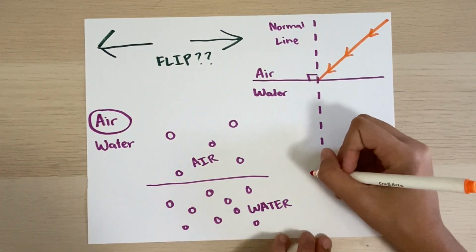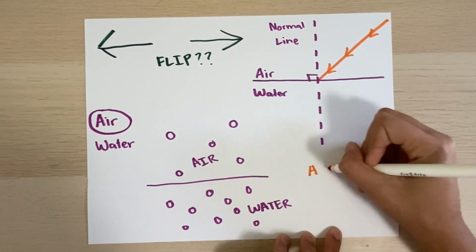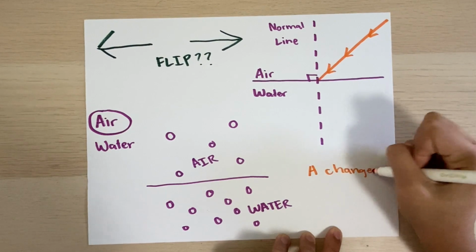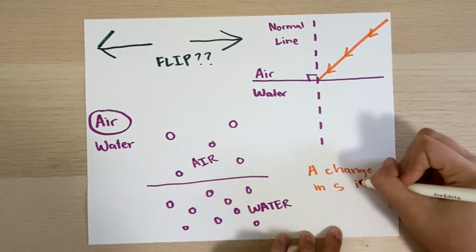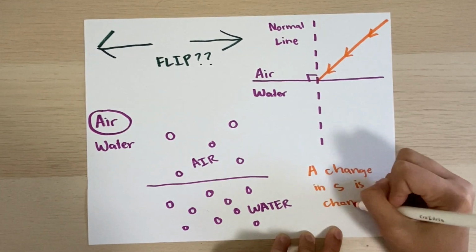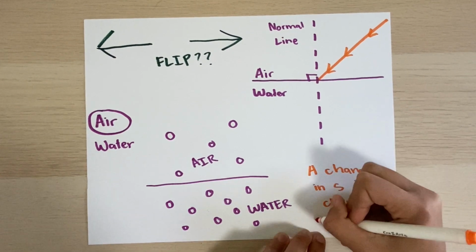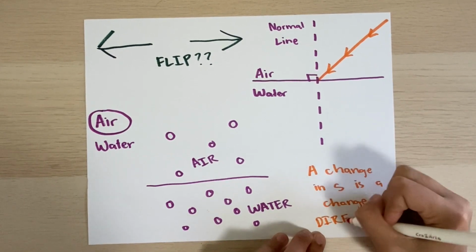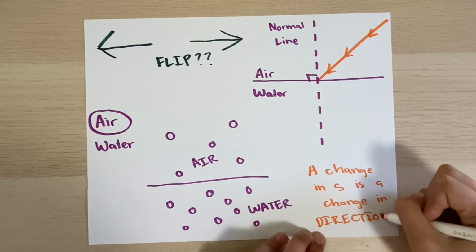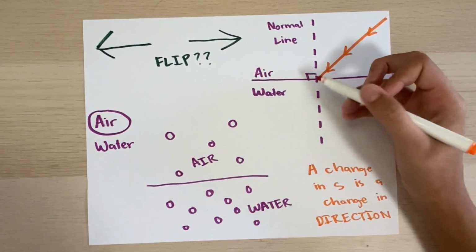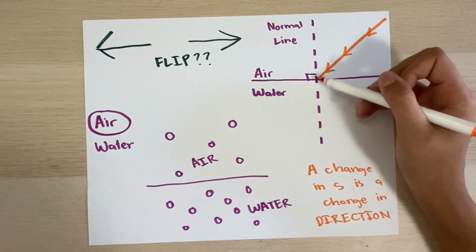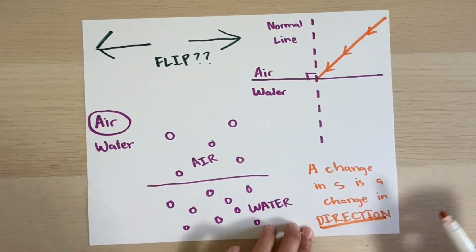And a very important rule is a change in speed is a change in direction. So, when the light slows down when it enters water, it actually changes direction.